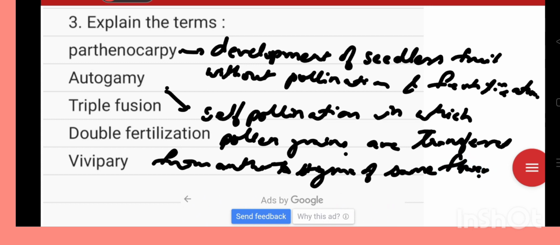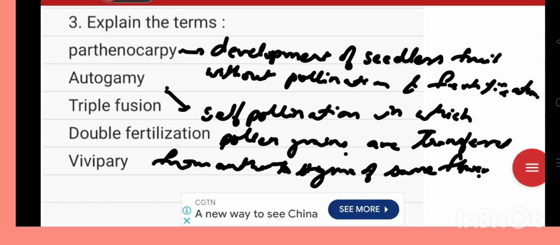So this is self-pollination. I am just repeating. Development of seedless fruit without pollination and fertilization is parthenocarpy. Autogamy is self-pollination in which pollen grains are transferred from anther to stigma of the same flower.